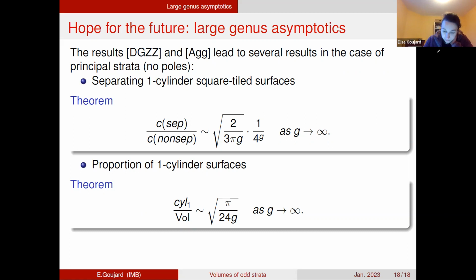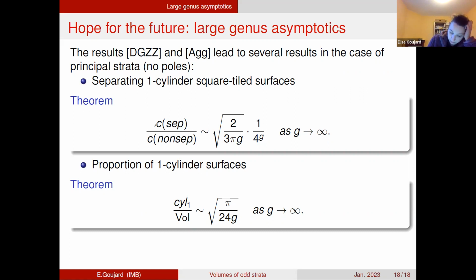For instance, we can look only at square tile surfaces that have only one cylinder. When you cut along the cylinder, it either separates the surface or not. So you can differentiate between the surfaces with one cylinder which is separating or not.